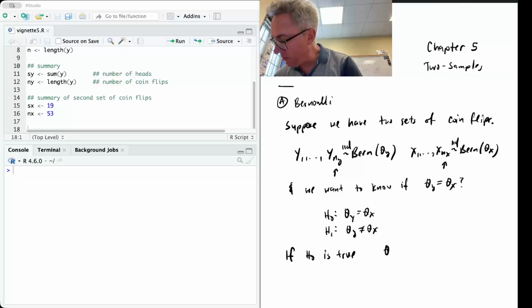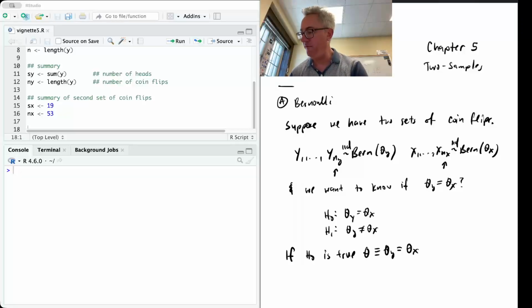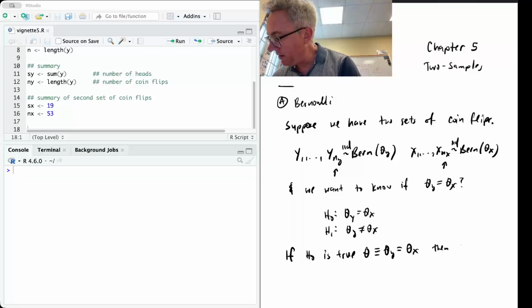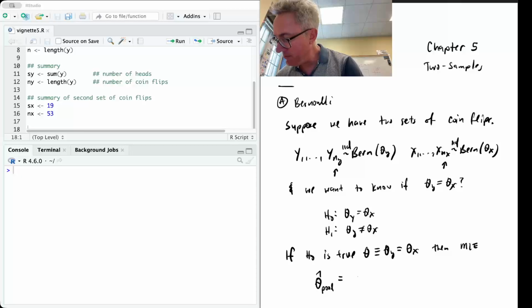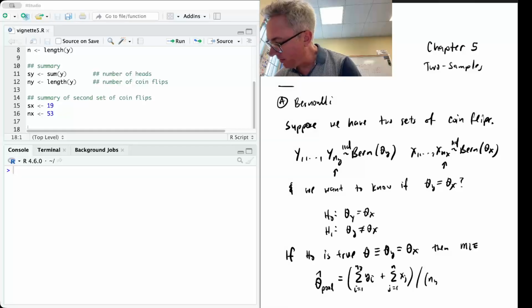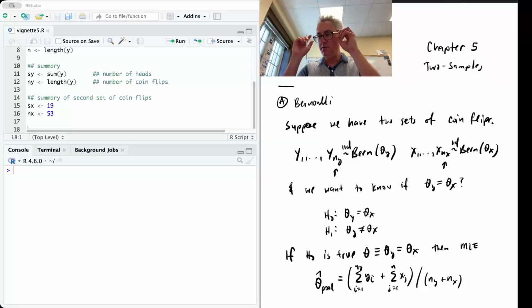which means that theta y is equal to theta x, and we could just call that theta by itself, then the MLE, using all of the data, theta hat, which we could call the pooled estimate of theta, you would get that by adding up all the y flips and all of the x flips, and then divide by the total number of flips y and x.